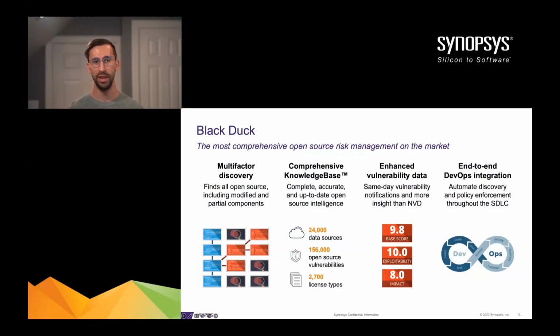We have enhanced vulnerability data with same-day notifications and more insight than the National Vulnerability Database. And we have end-to-end integration into your DevOps workflows to automate the discovery and policy enforcement of all of these open source issues throughout the entire software development lifecycle.